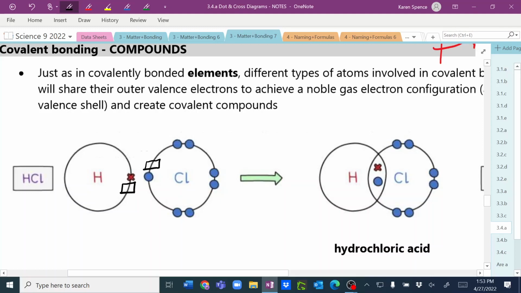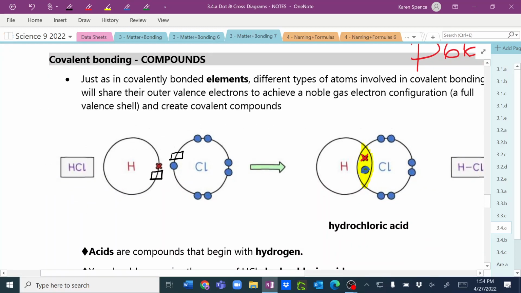We can make sure that chlorine has a full 8 electrons by sharing, and you show the shared electrons. Remember, those go in the area in between. And you know that one of those shared electrons came from hydrogen because it's drawn as an X, and you know that one came from chlorine because it's drawn with an O.